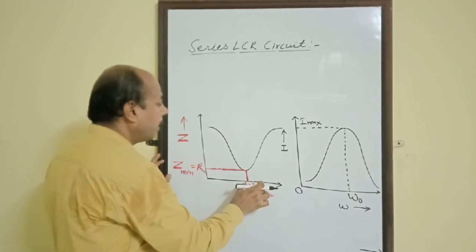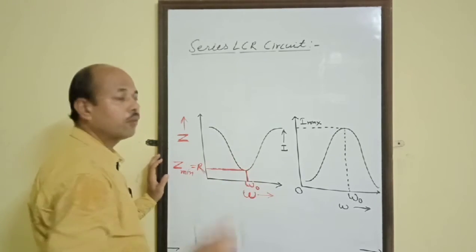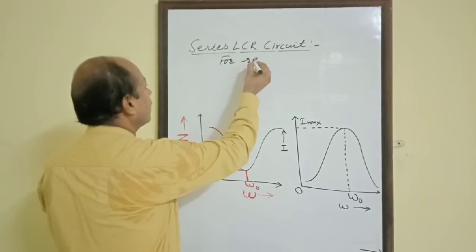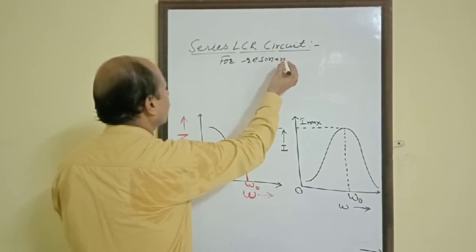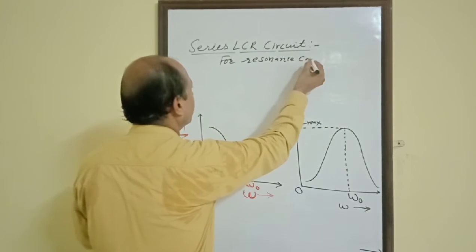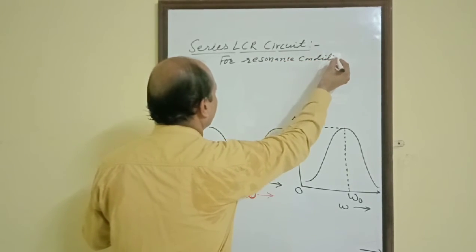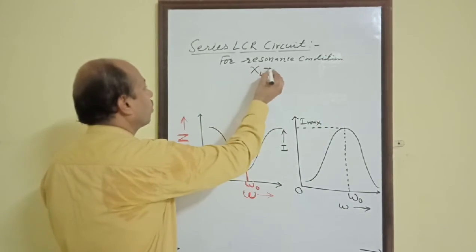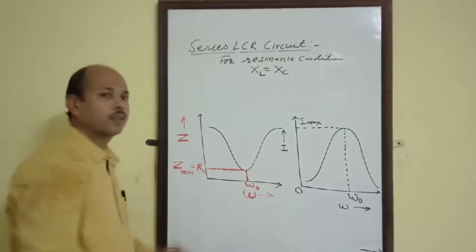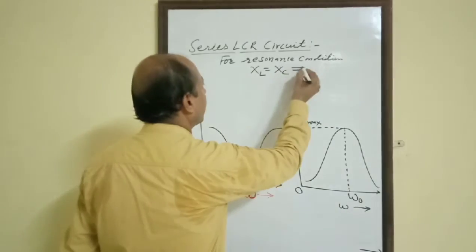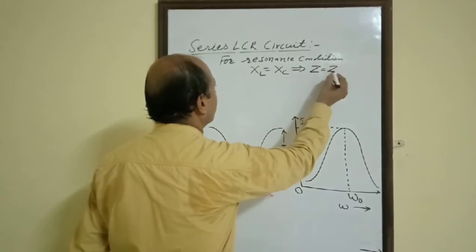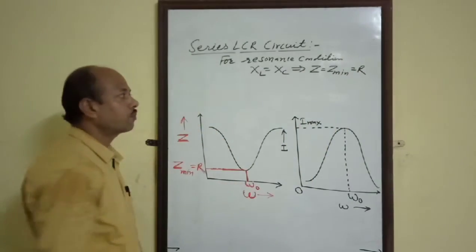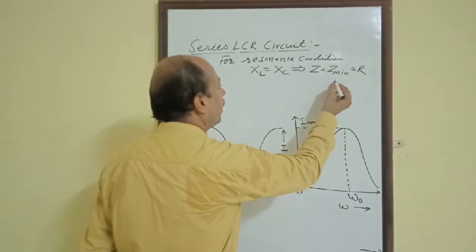That's why we have to calculate that particular frequency. So we are writing here the resonance condition. For resonance condition, XL should be equal to XC, so that Z will be equal to Z minimum, or equal to R, or I will be maximum.